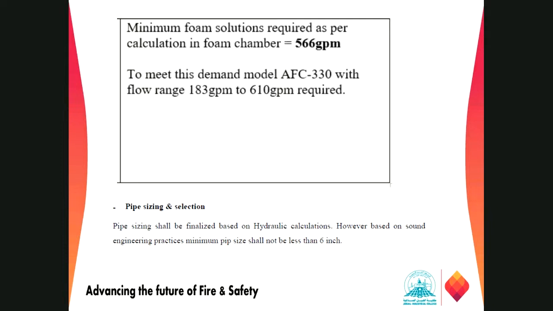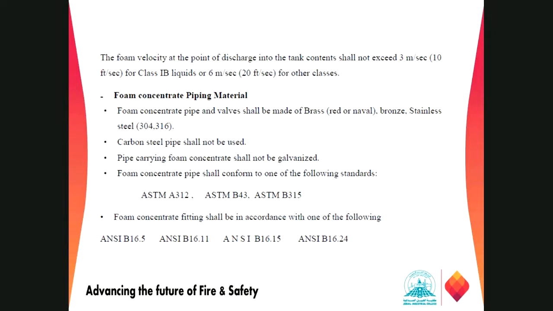Now the pipe sizing and selection method should be as per hydraulic calculation software. We have to do the software and then we'll size the pipe elements. But keep in mind the foam velocity at any point of discharge into the tank cannot be more than 3 meters per second for class 1 liquid or 6 meters per second for all other classes.